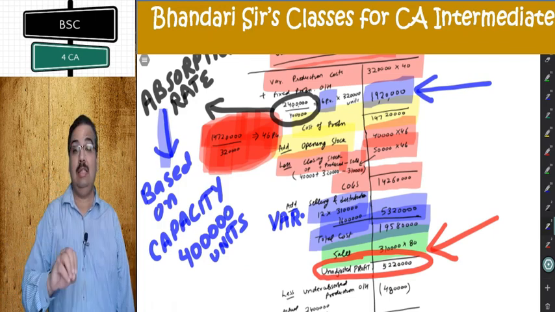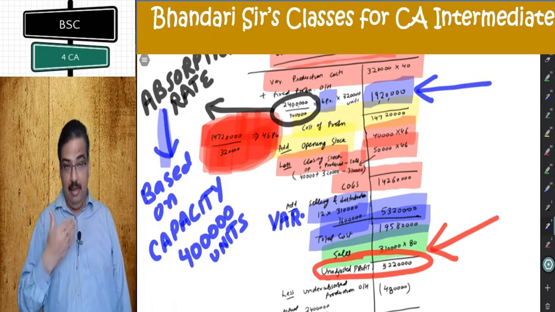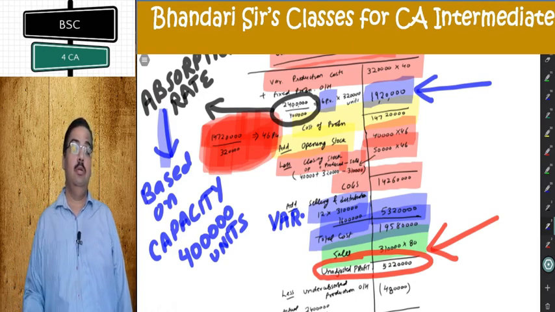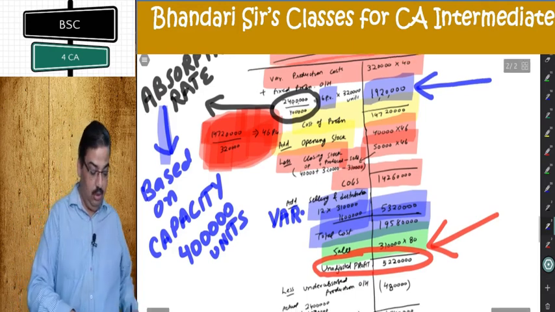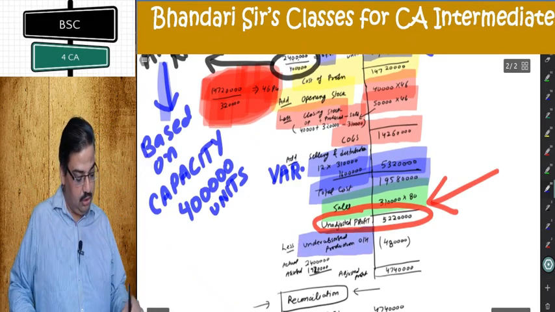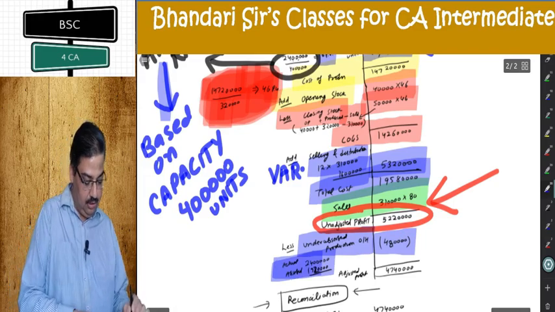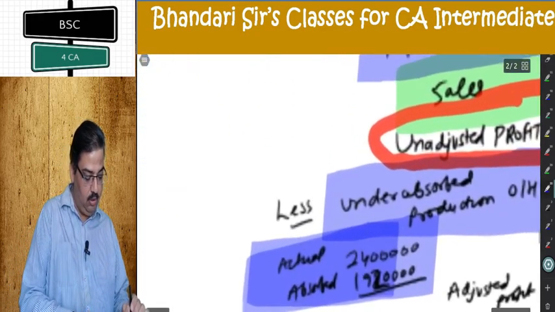So I have under absorbed. I have charged less in this costing statement. That is my loss, which will be deducted from my unadjusted profits. So this is what is being shown here. Under absorbed production overhead 4,80,000. This is the computation, I am showing it in a more zoomed way.